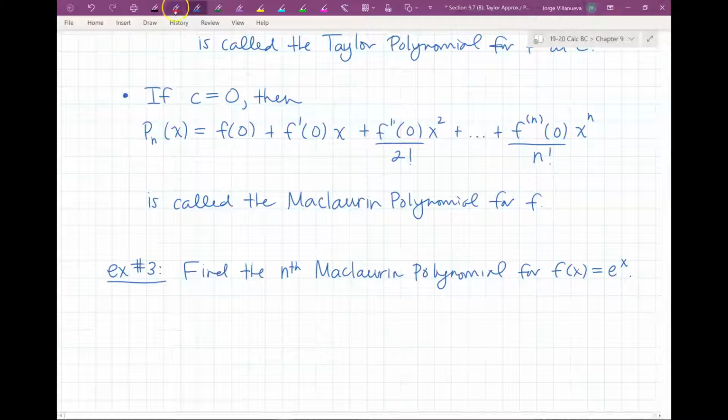So the first thing you got to do, this is actually the first thing I always do, is I write out my function.